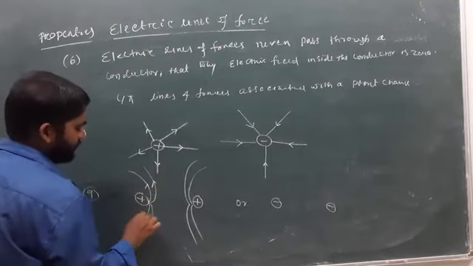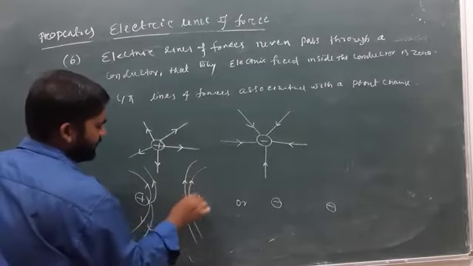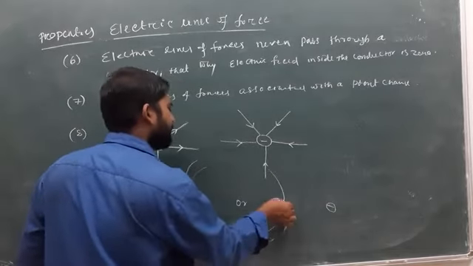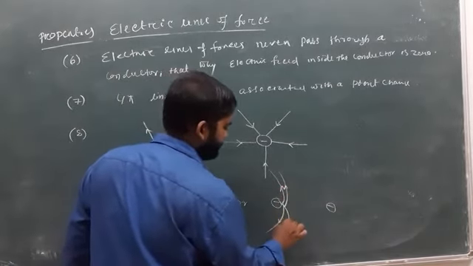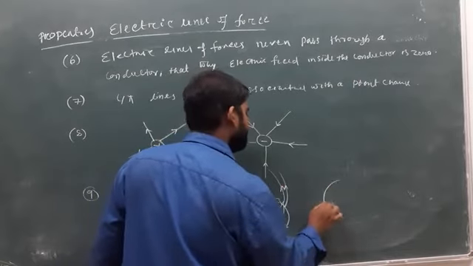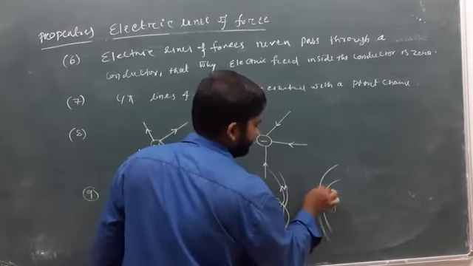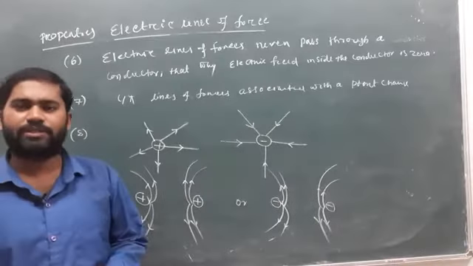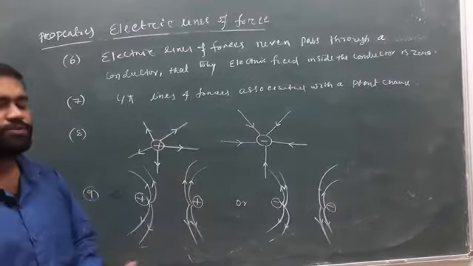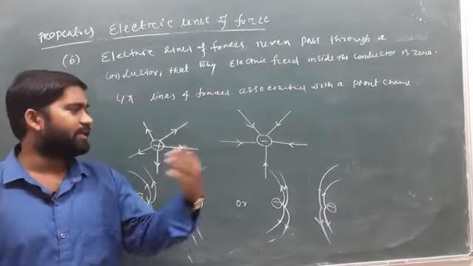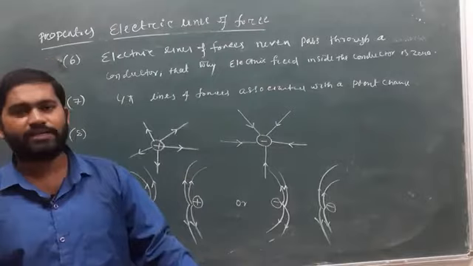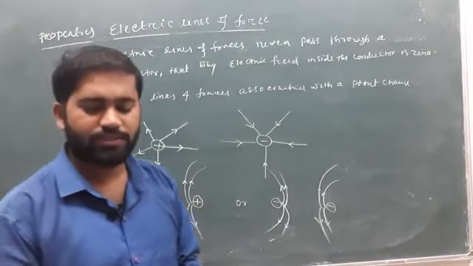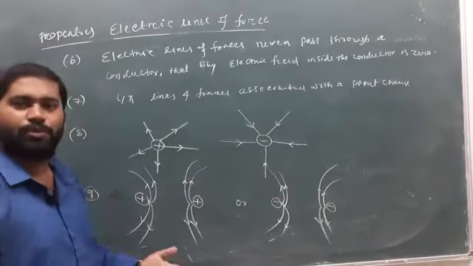So the electric lines of force for similar types of charges are always repulsive in nature. For an isolated positive charge, they end at infinity. For an isolated negative charge, they start from infinity. So these are the properties that electric lines of force possess.